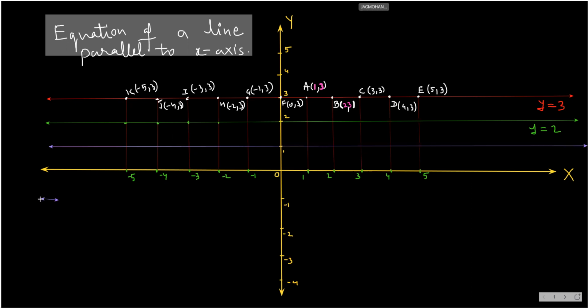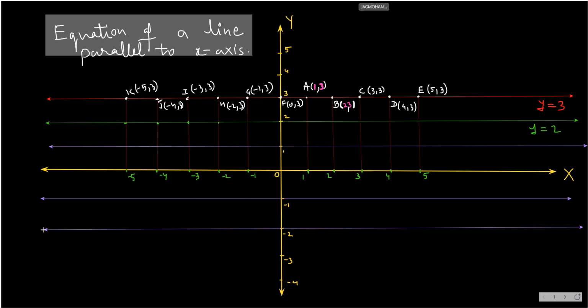If you have lines like these, they will have the equations y equals -1, y equals -2, y equals -3.